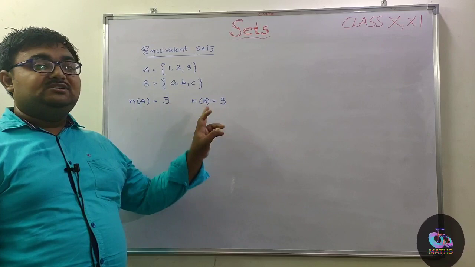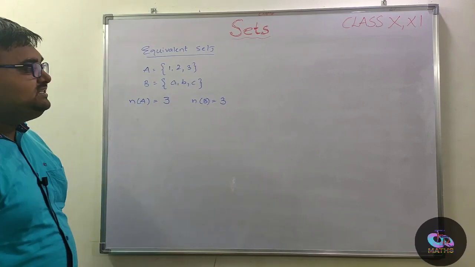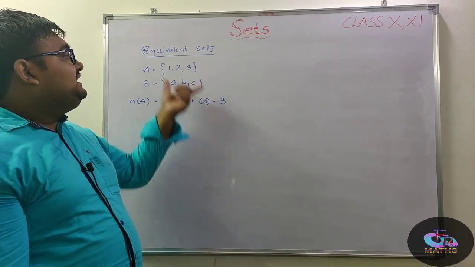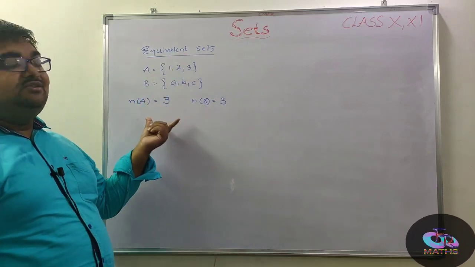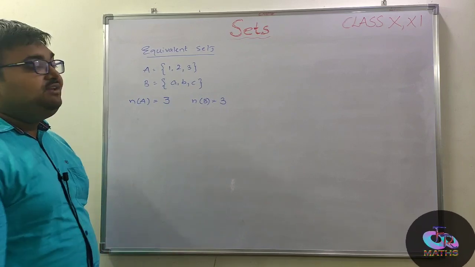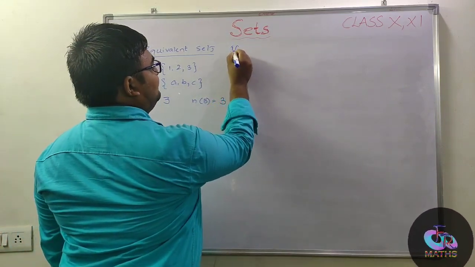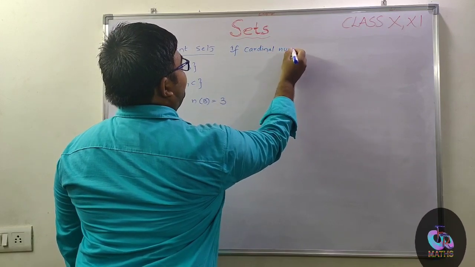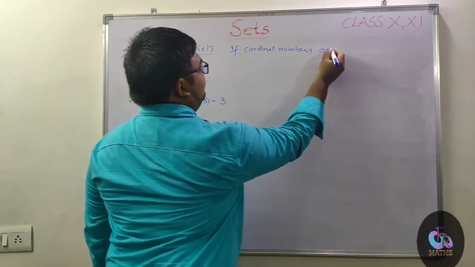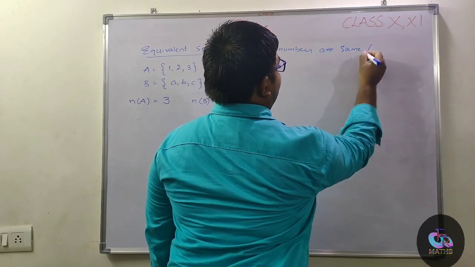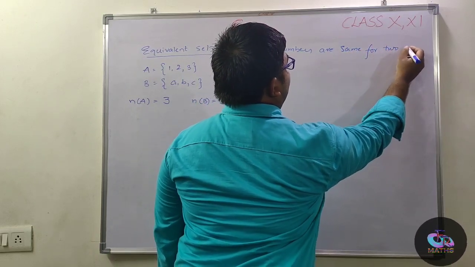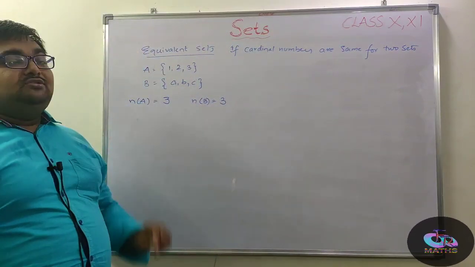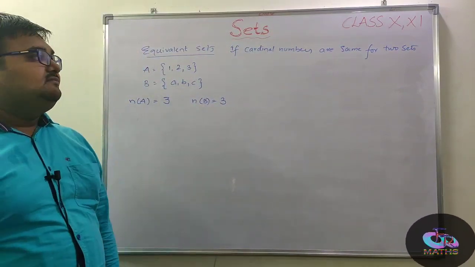If the cardinal numbers of two sets are the same, then we say that those sets are equivalent sets. You should be clear about this.